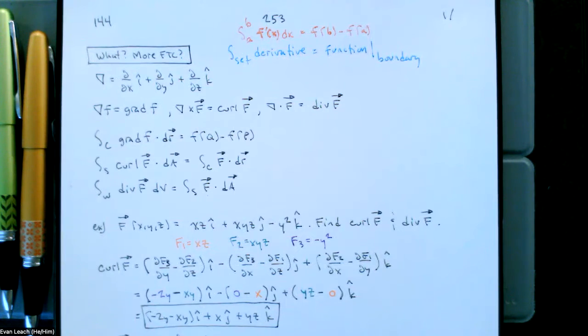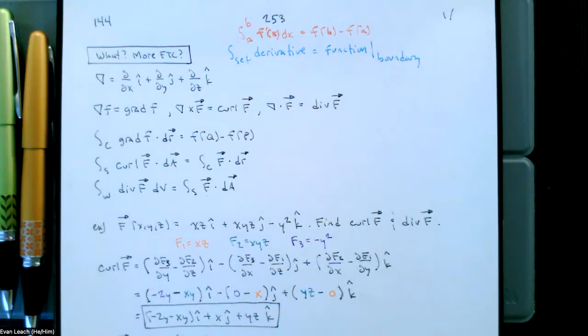In all three of the fundamental theorems of calculus, we've got the integral of del and some function over some set is equal to the function evaluated at the boundary of the set. In the case of the gradients, we integrate the gradient dot dr over some curve in a line integral. And we can do that by just evaluating the function at the endpoints.